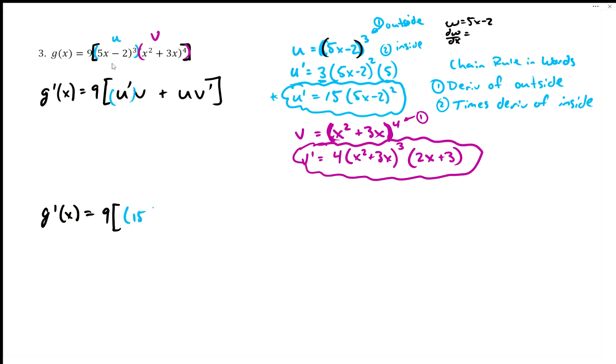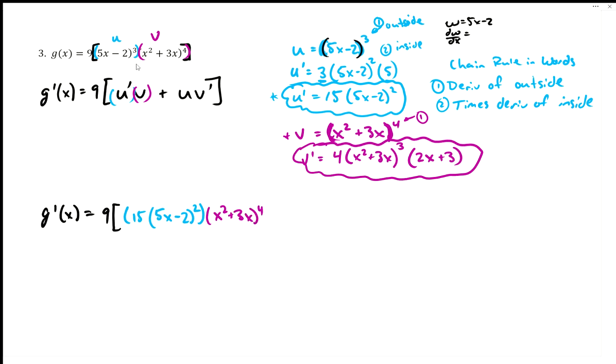So 15, and then 5x minus 2 getting squared. And then we have v. So that's this one. We've got x squared plus 3x to the 4.